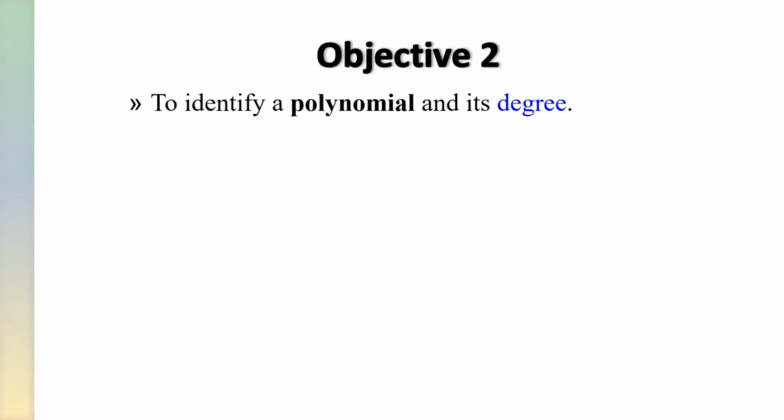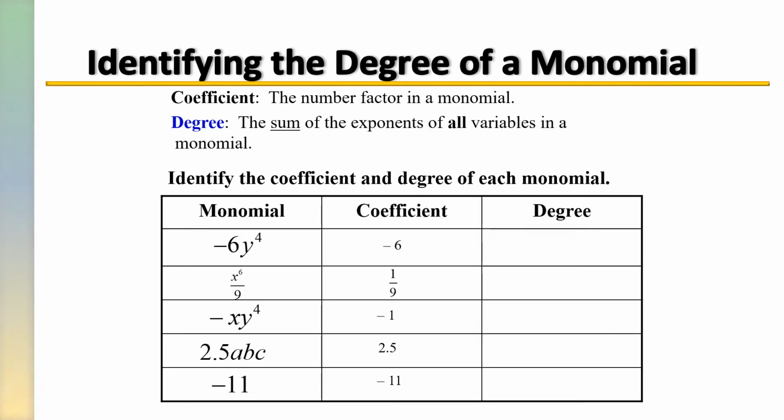Our next objective, we want to talk about the degree of a polynomial. Identifying the degree of a monomial. So we talked about a coefficient. Recall that a coefficient is a number factor in a term. The degree is when you add up all the variables in a term.